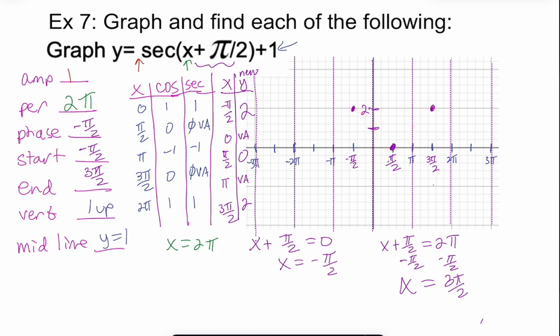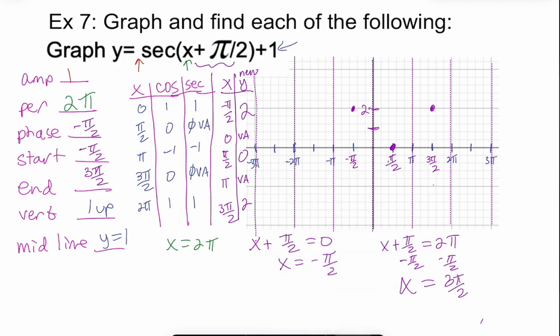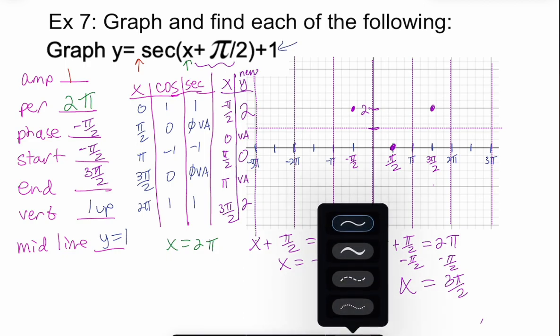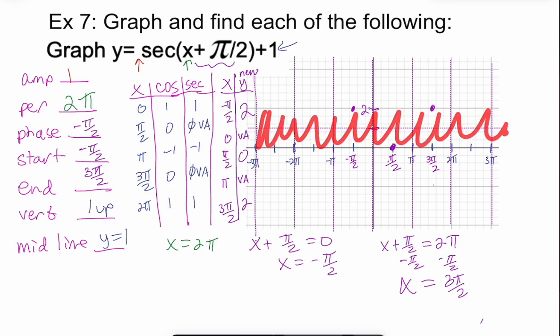So let's do one more thing. Let's put on our middle line is at 1. So that is the smack dab middle value of our ups and downs. Okay, so now we're ready to go. Every place we are up, because the graph doesn't exist in here. That's like a barrier. That's a border.